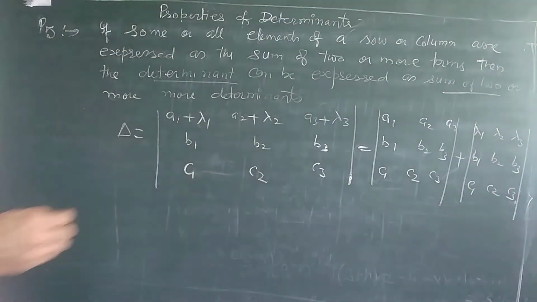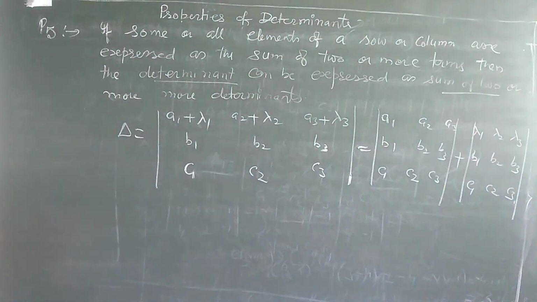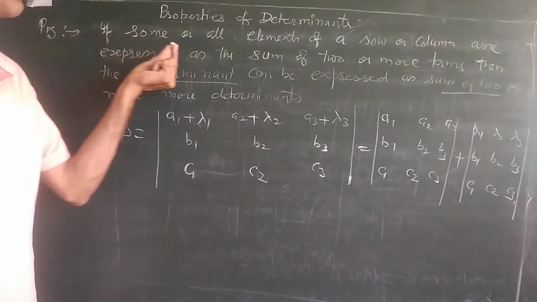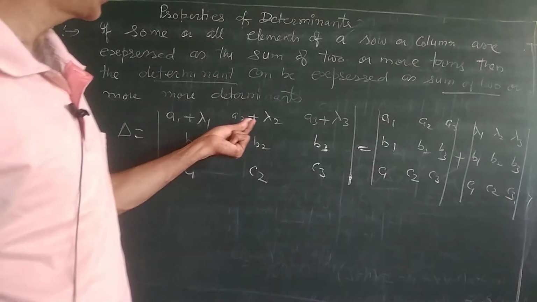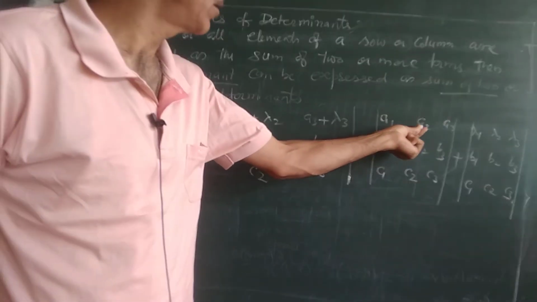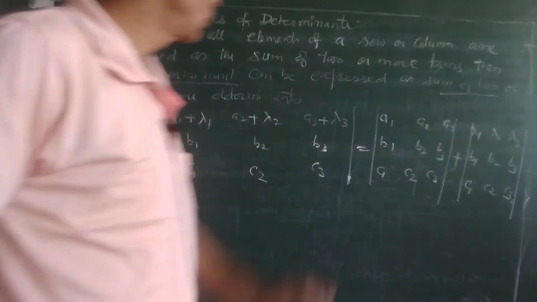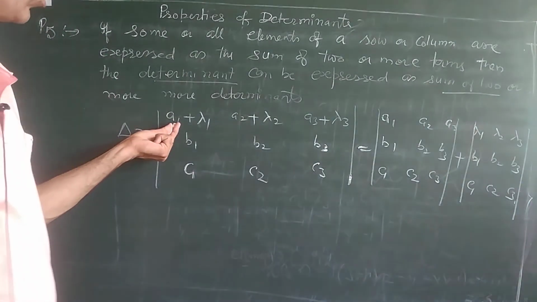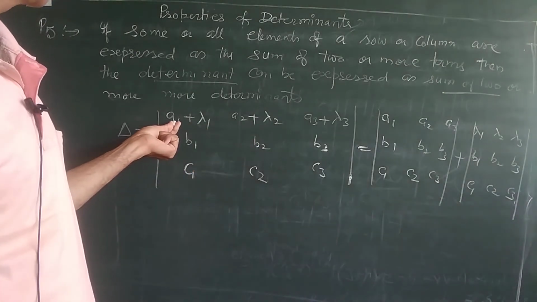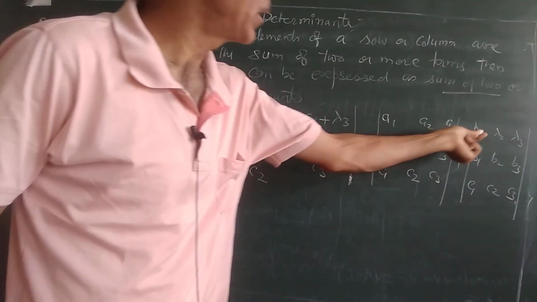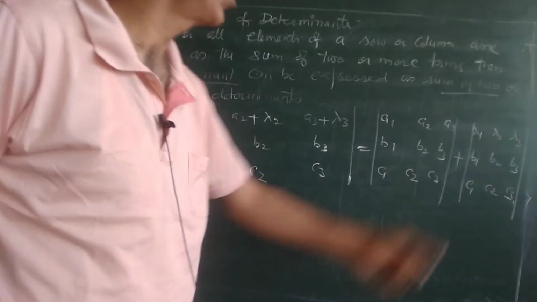This is property number 5 of the determinant. Suppose here there is only a2, then we will write 0 for the other. So there are two terms, so we have expressed this determinant as a sum of two determinants.